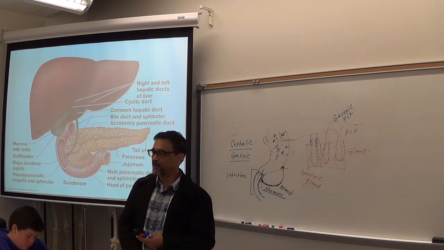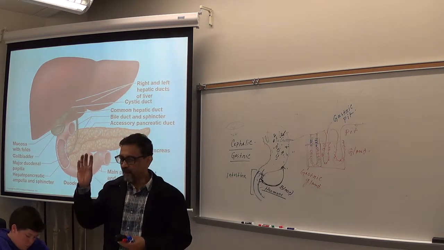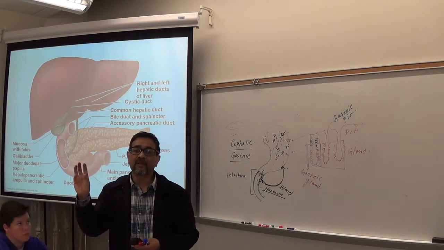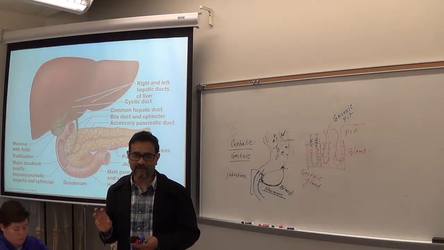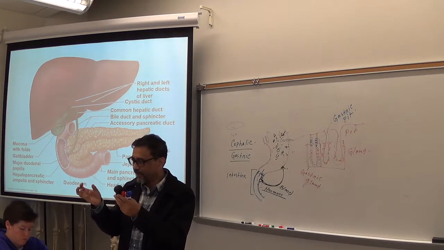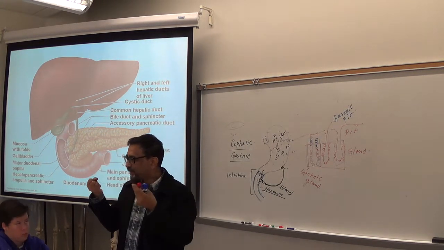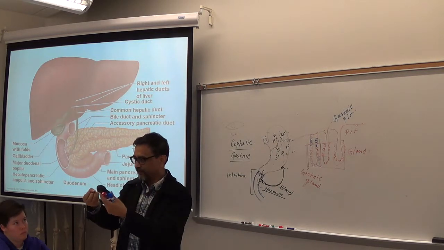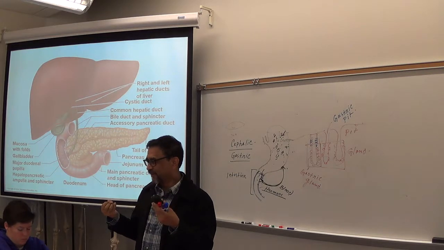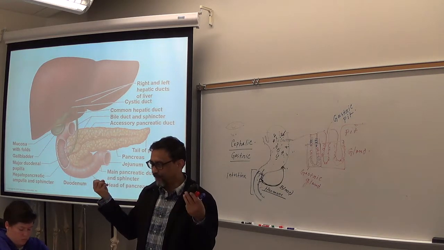And what does the gallbladder do? Why does bile go to the gallbladder? Because in the gallbladder, bile is heavily concentrated. That means after the bile enters into the gallbladder, a lot of water is absorbed by the wall of the gallbladder. Okay? So water is taken out from the bile. Make sense?